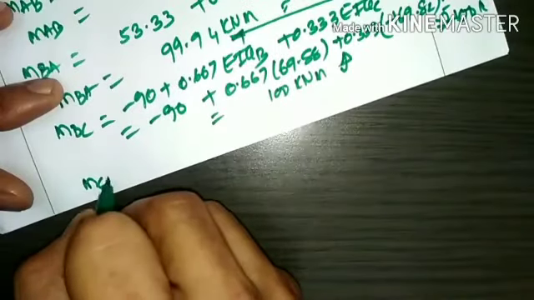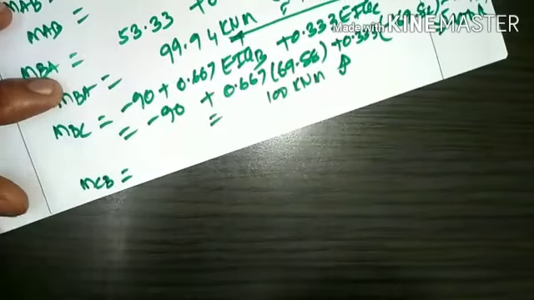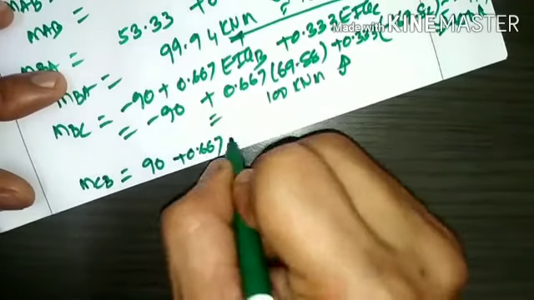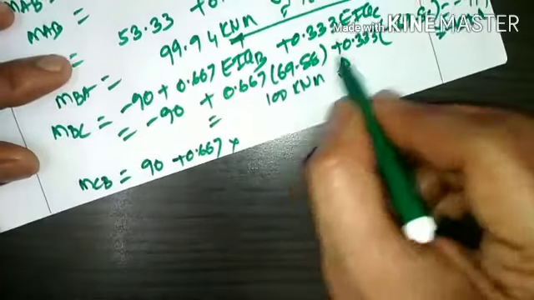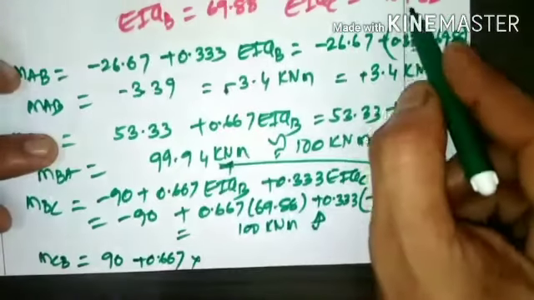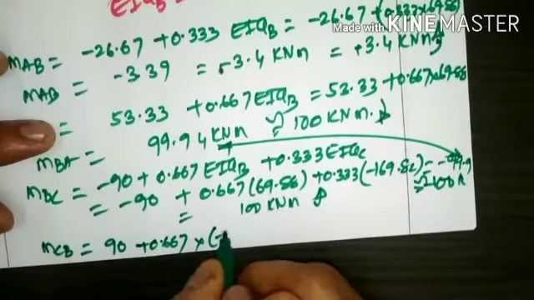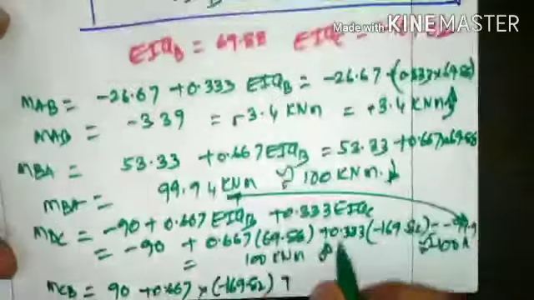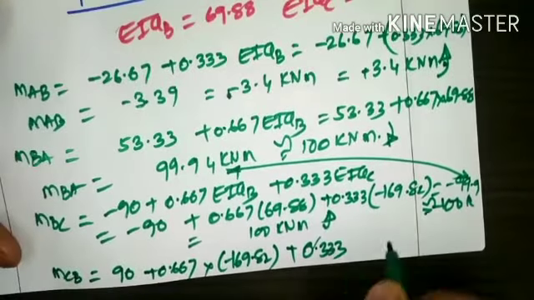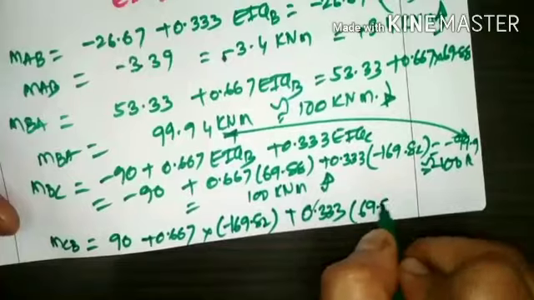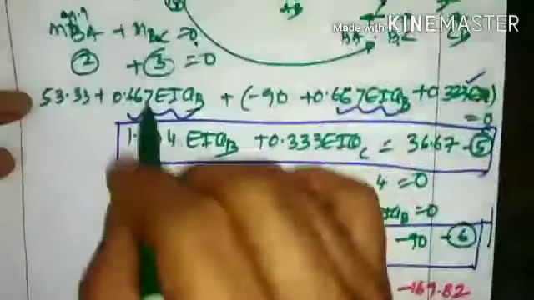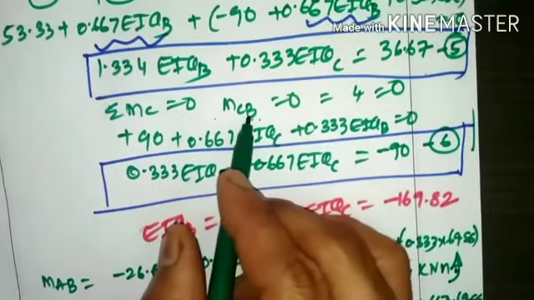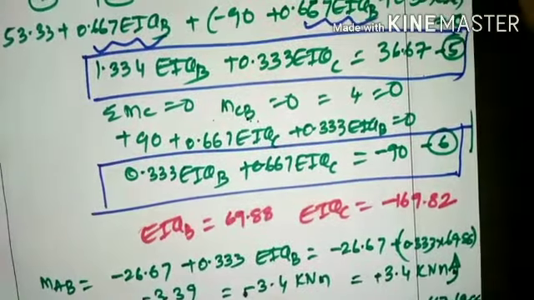Then the last parameter is MCB. MCB is 90 plus 0.667 into EI theta C. The EI theta C value is minus 169.82, plus 0.333 into 69.88. The MCB value directly should come out to 0. Why 0? Because it is a roller support. A roller support does not carry any moment.